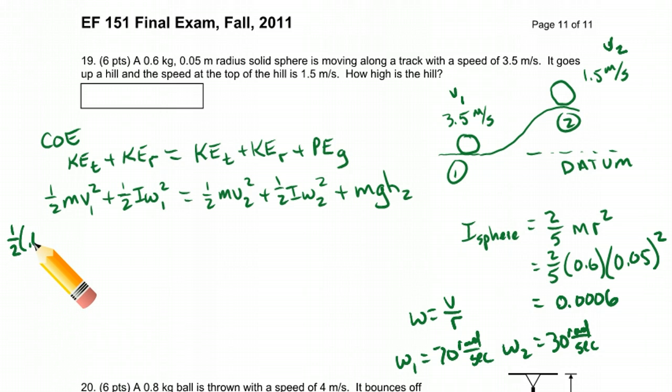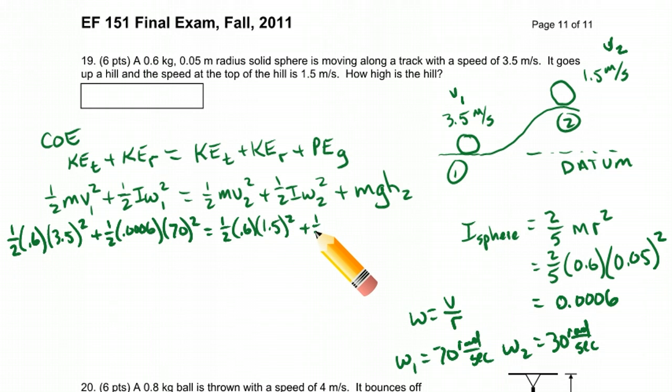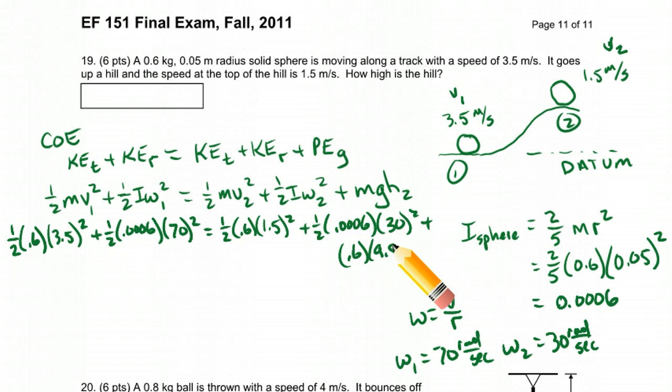One half 0.6 times 3.5 squared plus one half 0.0006 times 70 squared is equal to one half 0.6 times 1.5 squared plus one half 0.0006 times 30 squared plus 0.6 times 9.81 times h2.